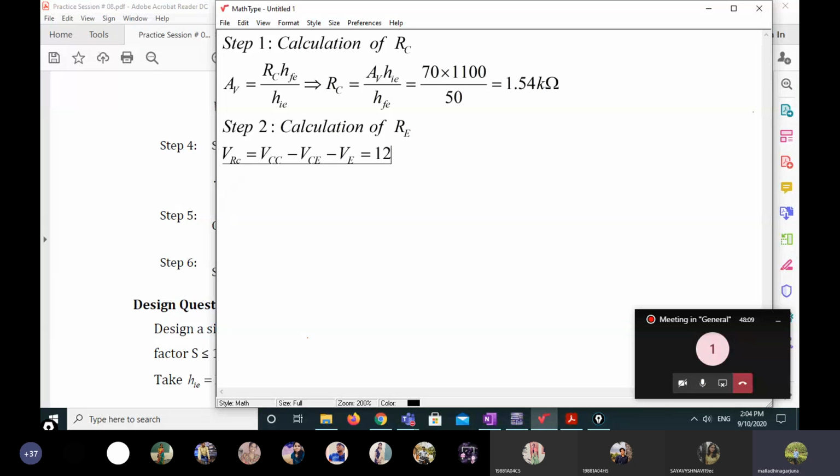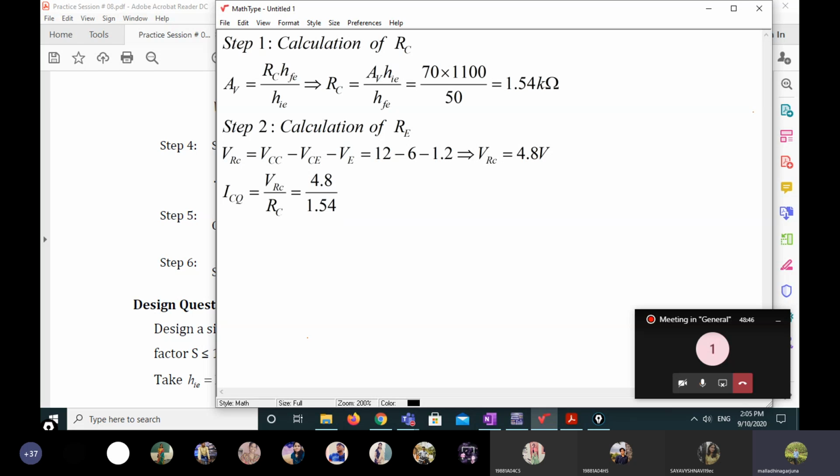VCC is 12 volts, minus VCE which is VCC by 2, that is 6 volts, minus VE which is 10% of VCC, that is 1.2. So VRC equals 4.8 volts. Then ICQ equals VRC divided by RC, that is 4.8 volts divided by 1.54 kilo ohm.